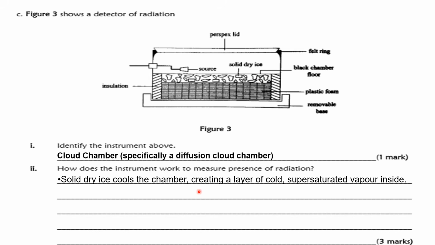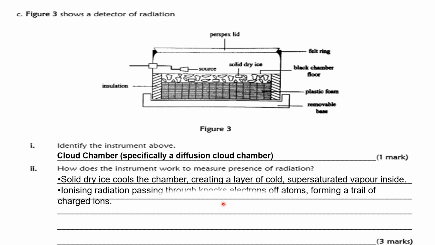This creates a layer of cold supersaturated vapor inside. So the vapor inside is cooled, becomes very cold and supersaturated. By saying this, 1 mark. Then ionizing radiation passing through the vapor is going to knock off electrons from the atoms of the vapor.